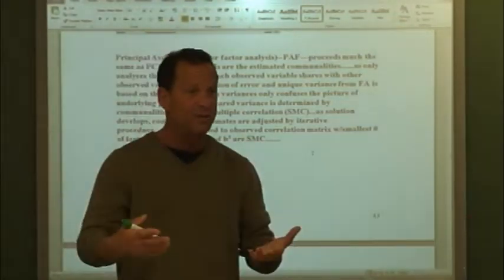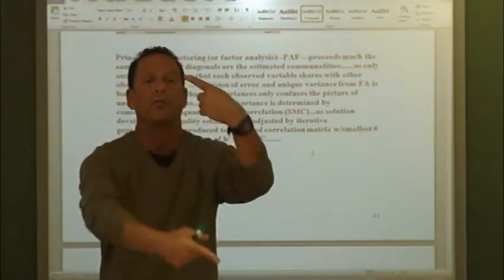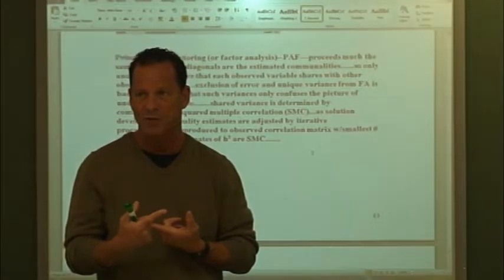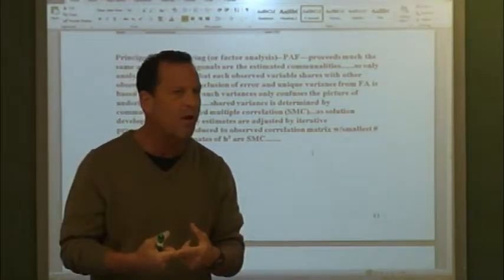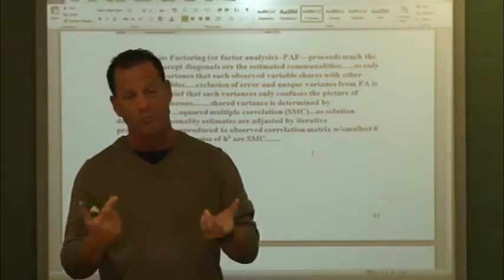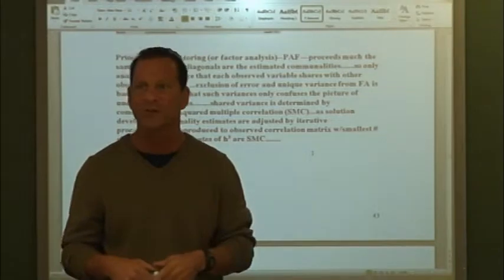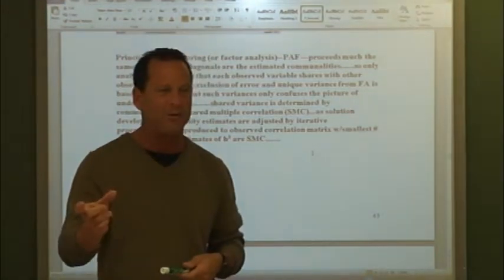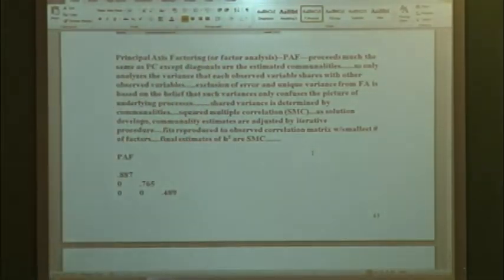Because you get an initial solution that might be based on the actual correlation matrix, the covariance, and it goes through a round to optimize the solution. Then it goes through another round, and then another round, until it hits what's called convergence. How do you know when you've got convergence? The default, a lot of times, is p-values of 0.001, or a change in the parameter that's less than 0.01.